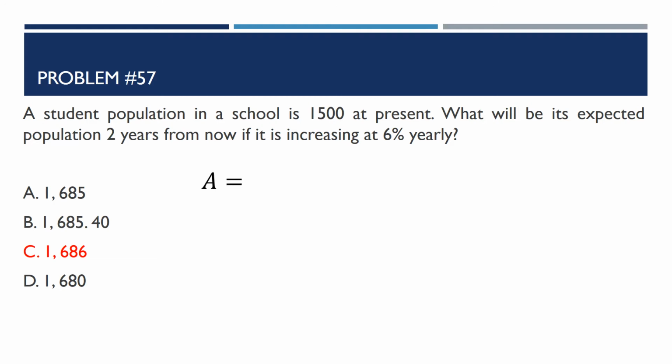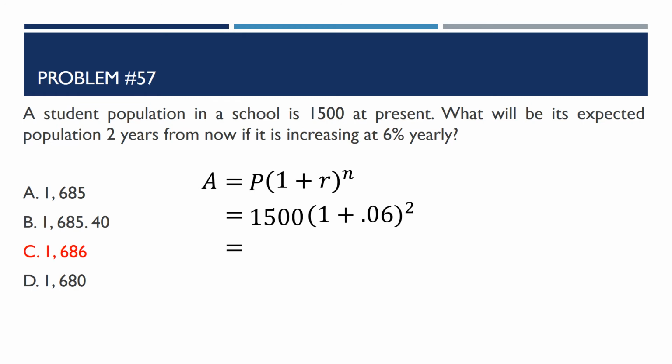We will use the usual formula for a percentage increase. The future amount equals the principal, or the present amount, times 1 plus the rate, to the power of the number of years. We substitute: P is 1,500 times 1 plus 6%, or 0.06, to the power of 2 because it's 2 years.